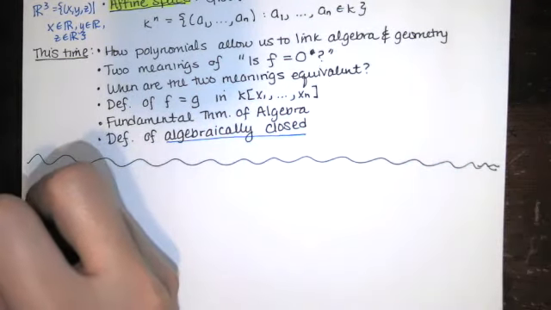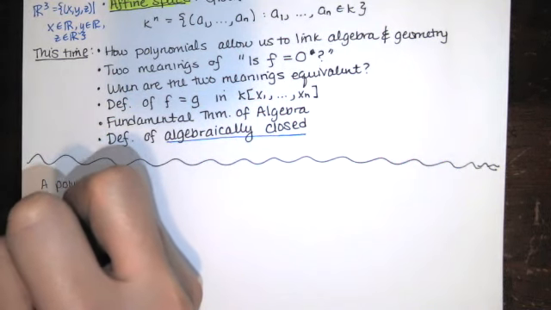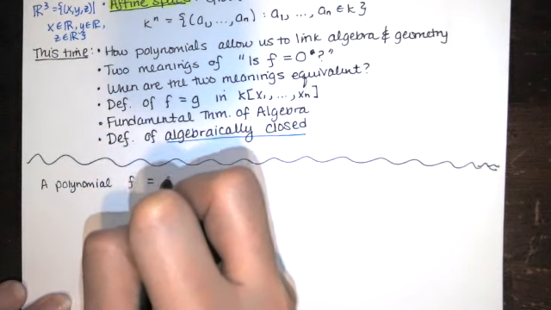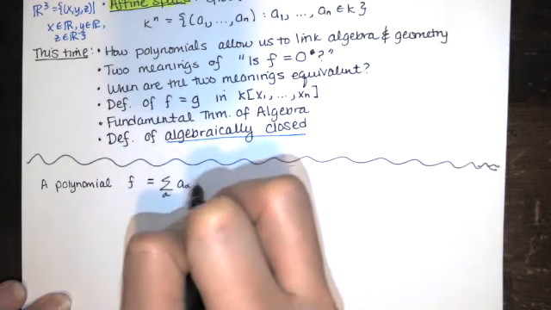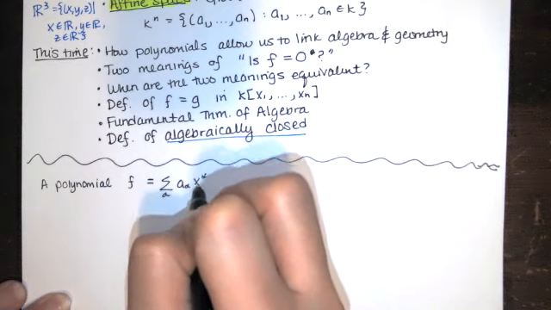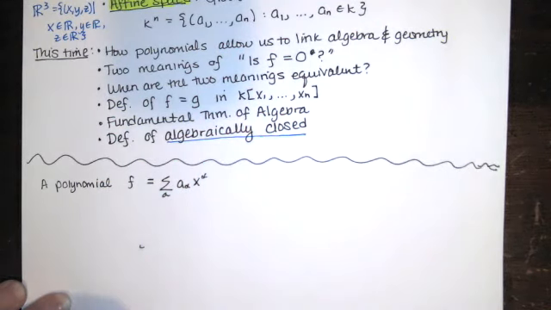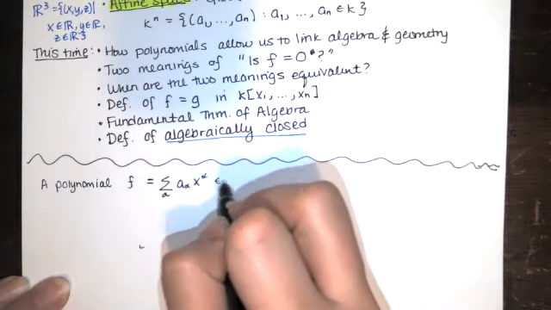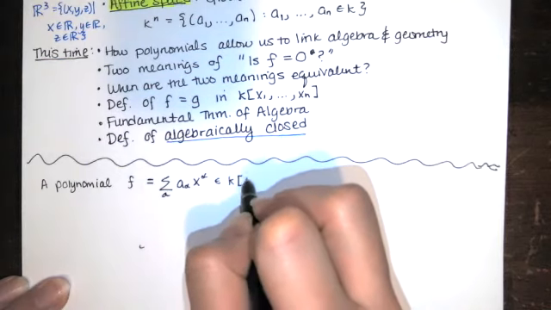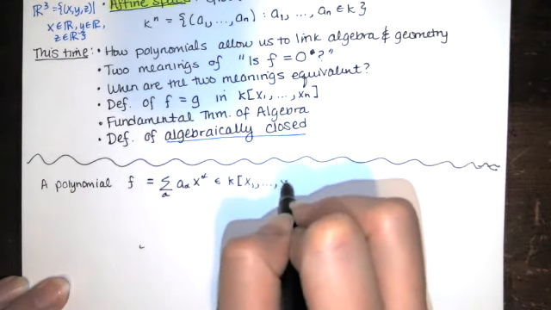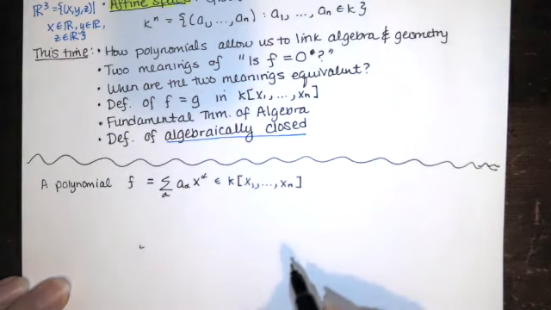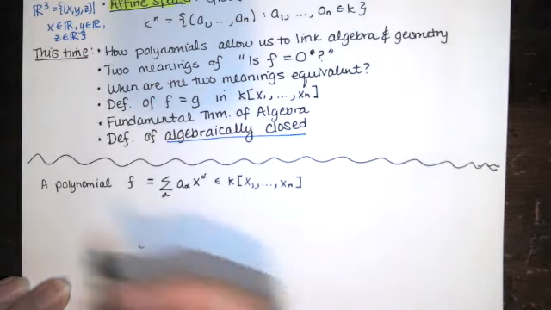So if you have a polynomial f, which can be denoted this way, remembering that x to the alpha is a product, x sub 1 to the alpha 1 times x sub 2 to the alpha 2, all the way through x sub n to the alpha n. And this is a polynomial in variables x sub 1 through x sub n with coefficients in the field k. This defines a function.